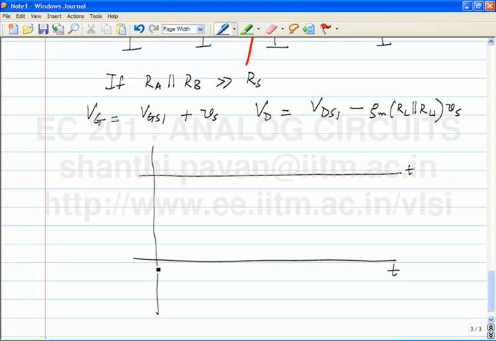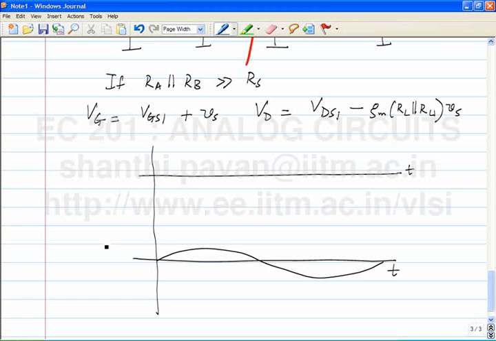Vs. Let's assume Vs is a sine wave. Okay. So if Vs is a sine wave, the absolute potential at the gate is given by, let the amplitude of the sine wave be Va.